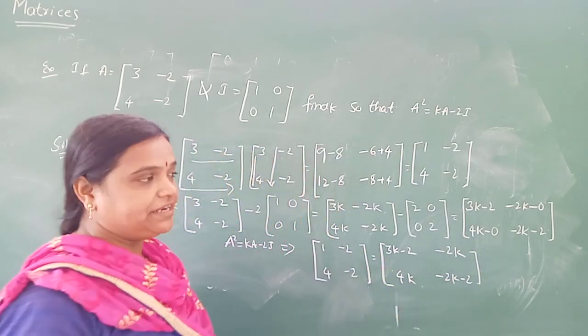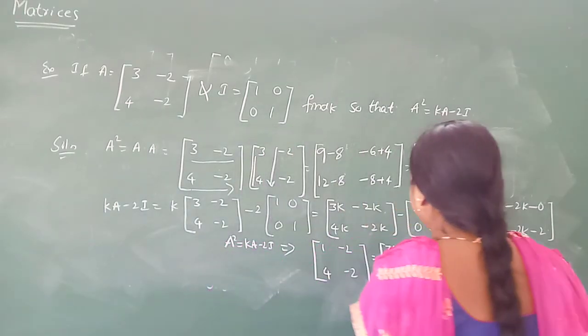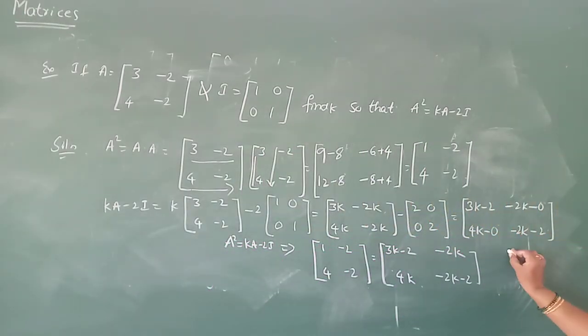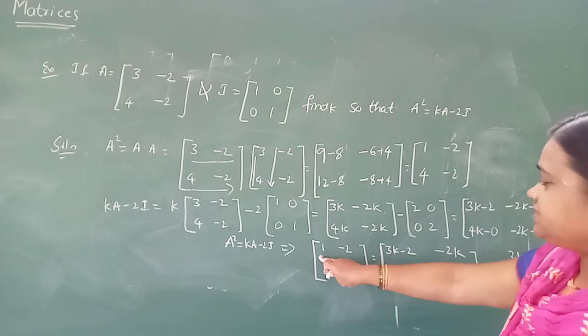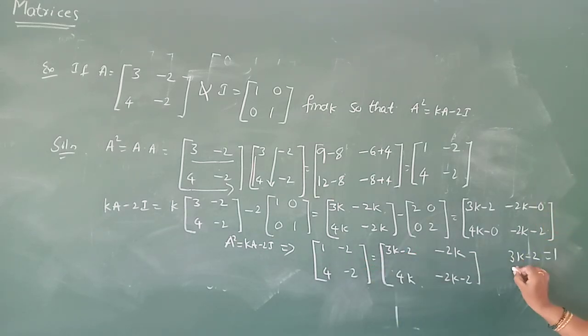Okay, equate any one and you can easily get the value of K. 3K minus 2: here the first element is 1. Then 3K is 2 plus 1. 3K is 3. What is the value of K? 1. Correct. This is the value of K.